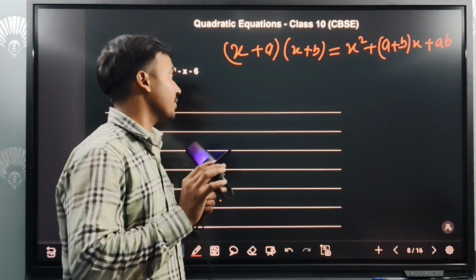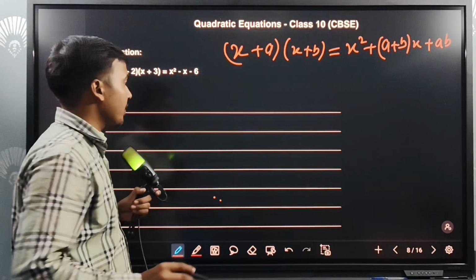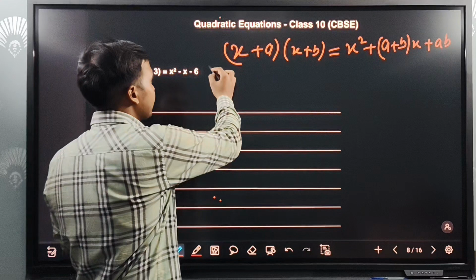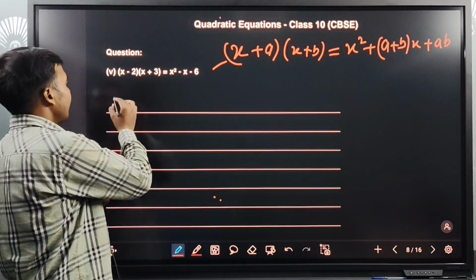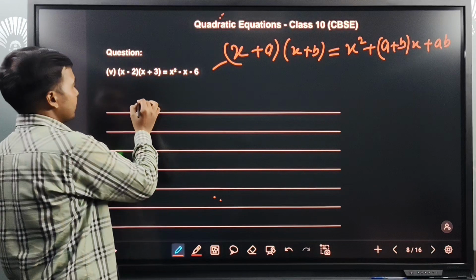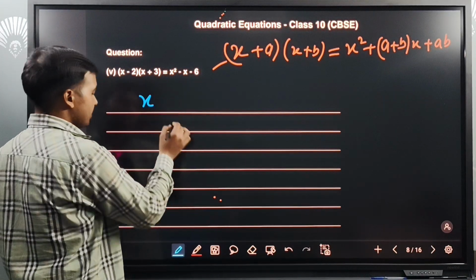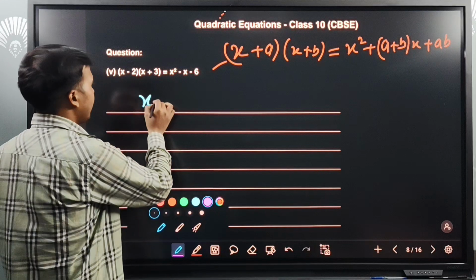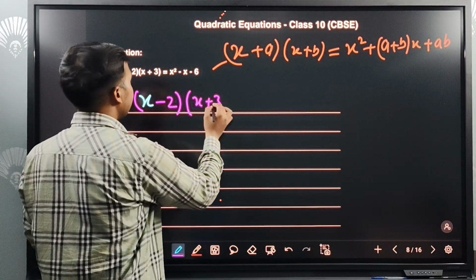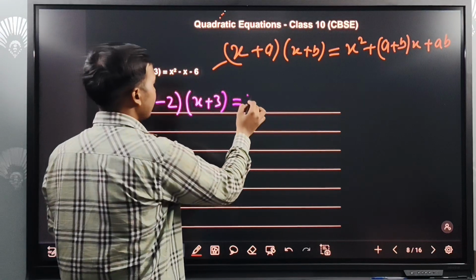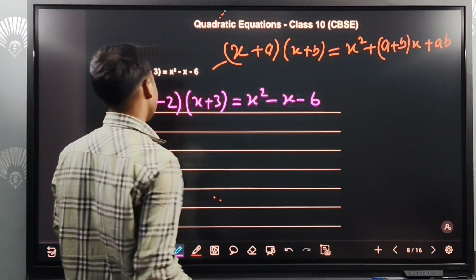If you don't know this formula, then also you can directly multiply it. I am not using this formula, but you can also use it. I am solving it directly. So directly we can write it, firstly copying the question: x minus 2 multiplied by x plus 3 is equals to x square minus x minus 6.